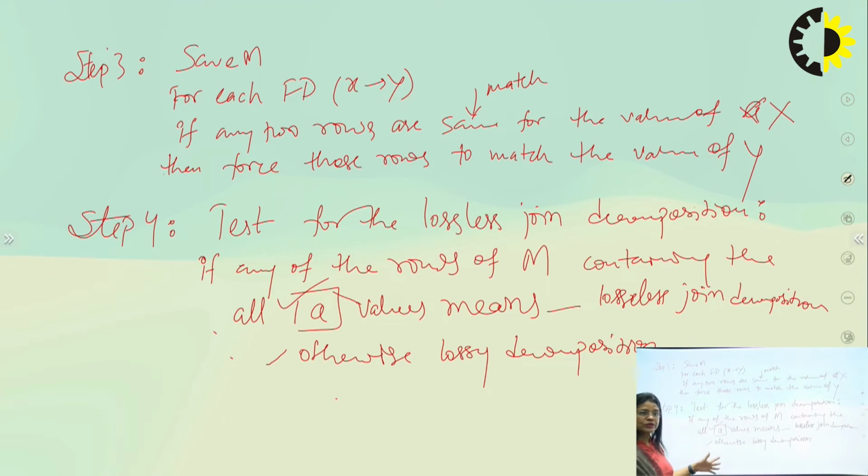It has 4 easy steps. We can find out very easily whether the given decomposition is lossless or lossy. It may be applied on binary decomposition, but binary decomposition is very easy to check for lossy or lossless. So in general, we apply this on more than 3 or 4 decompositions, right?